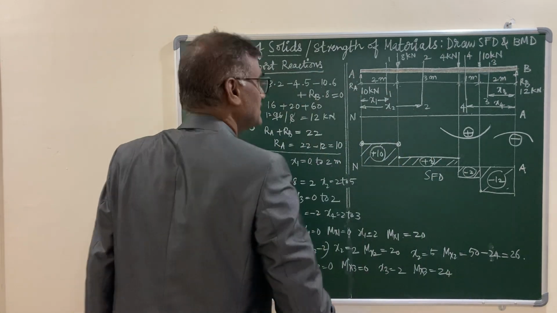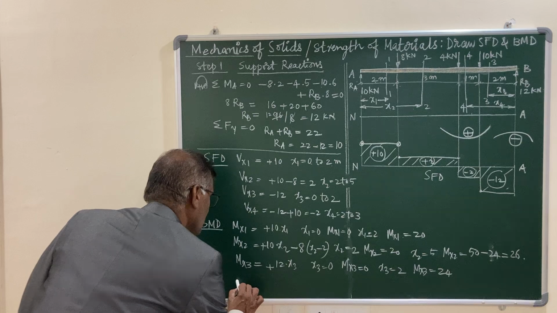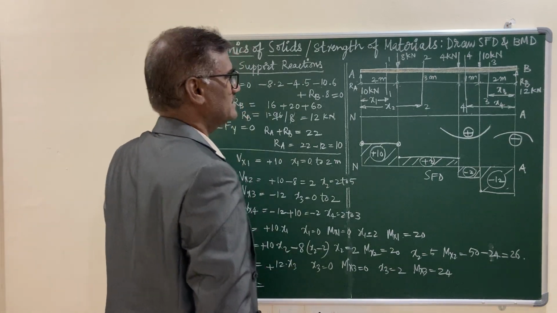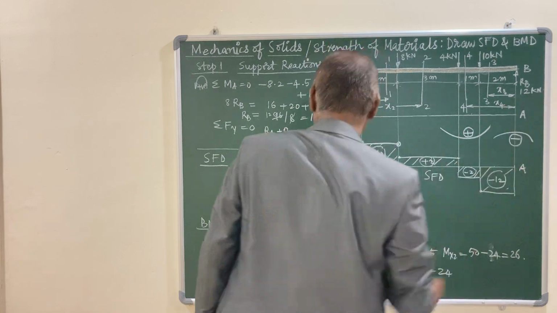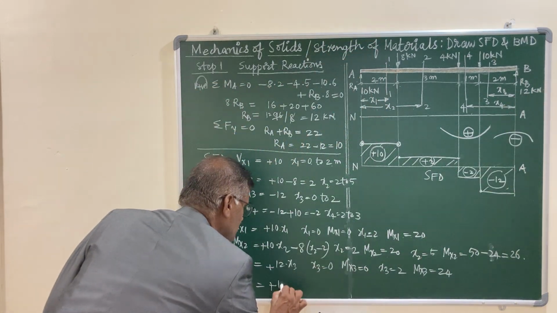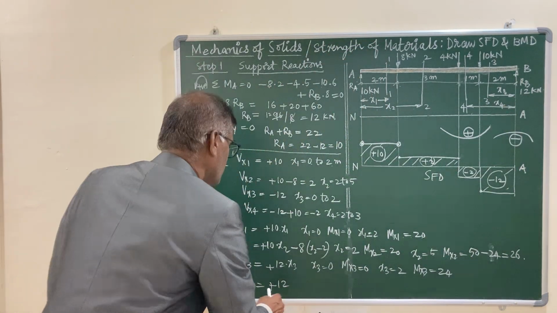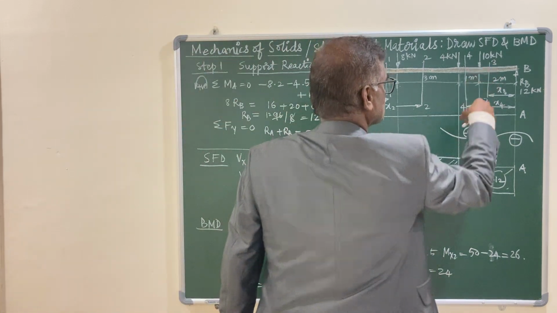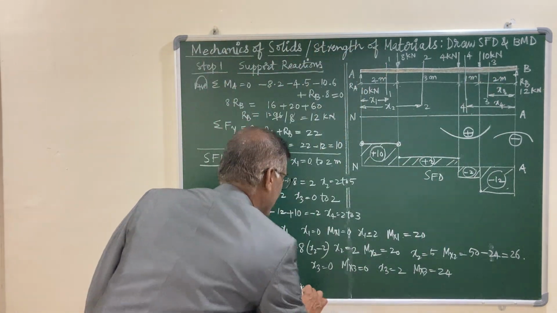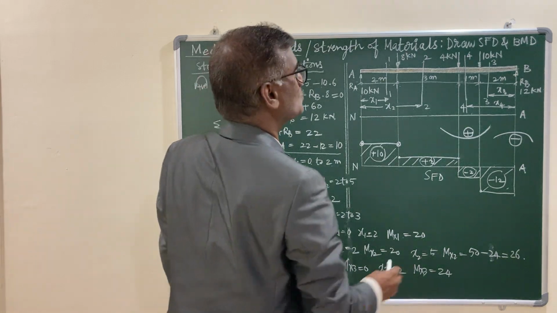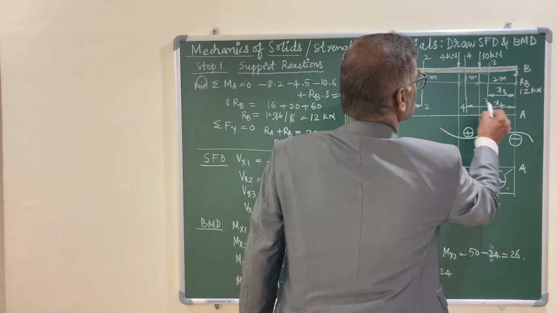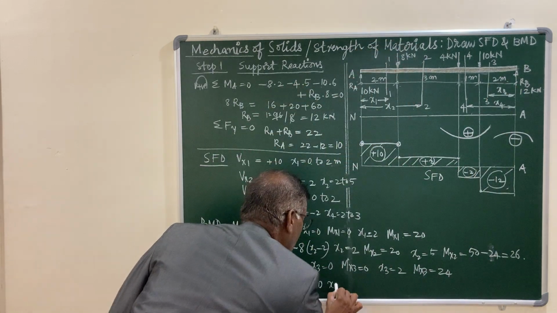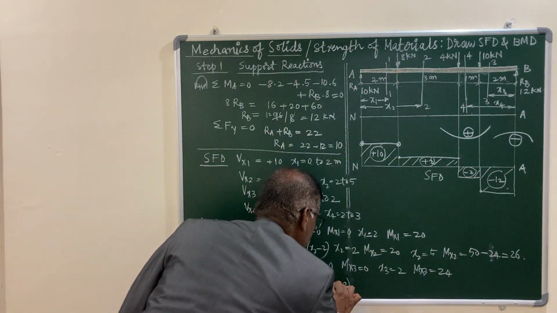And lastly, the last section, that is 4, Mx4 is equal to 12 kilonewtons, which contributes a smile effect, that is 12 into x4, and 10 kilonewtons contributes a sad effect, it is minus 10 into x4 minus 2. This is the equation.